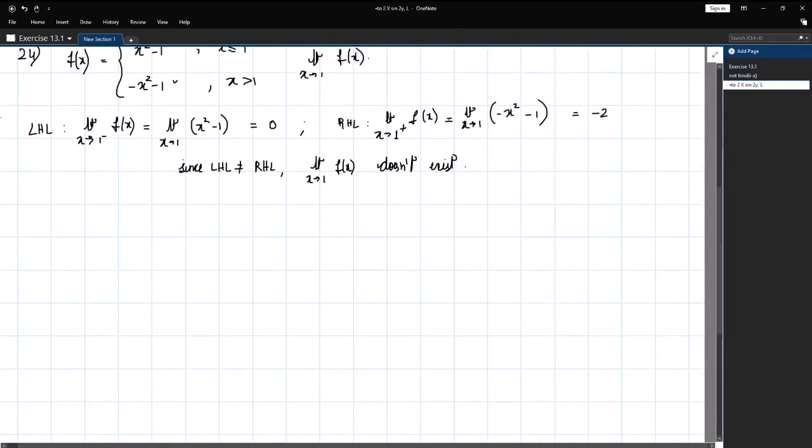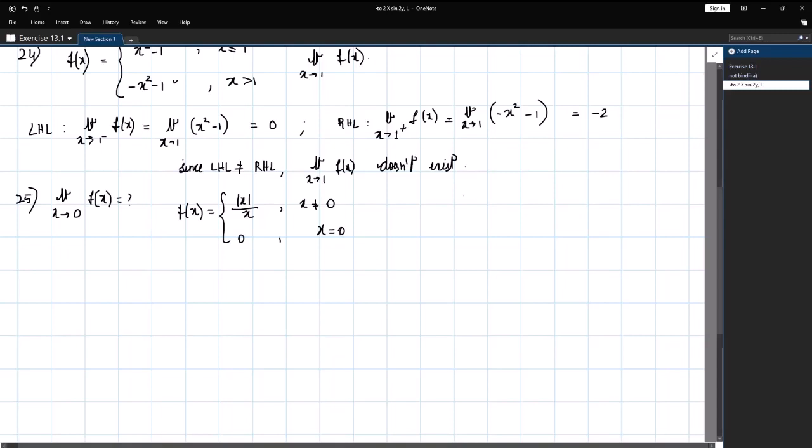Question number 25. Limit x tends to 0 of f of x. This is what is given, that f of x is mod x by x if x is not equal to 0, and 0 if x is equal to 0.